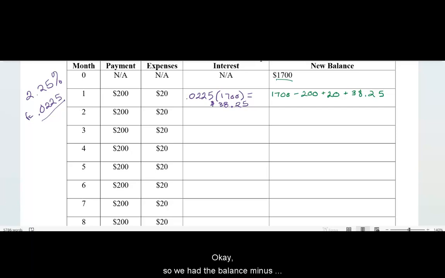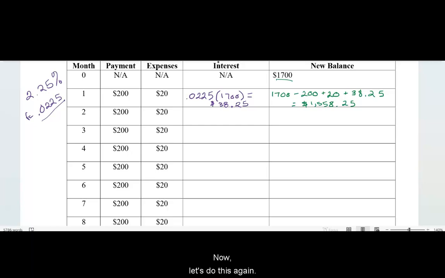So we had the balance minus the payment, but you have to add the $20, whatever that charge is for, and your interest. This is going to tell you what is now owed on the credit card after that $200 payment. And we get $1,558.25. That is the new balance. So remember, it's not the $1,700 minus your $200 payment. Every payment has part of it go to interest and part of it go to principal.